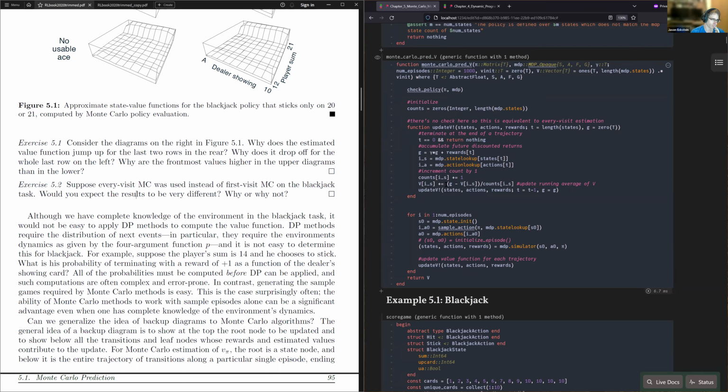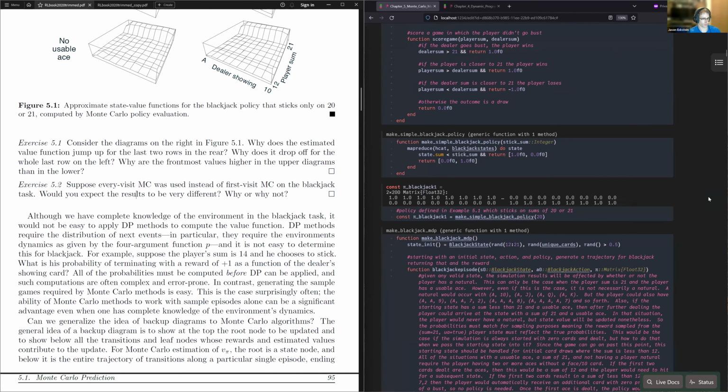I'm going through the episode and updating the value at state S every time it's encountered, as opposed to just the first time. If I'm going backwards through the episode and the state was the first state visited, and then I see it near the end, I should wait until the very end to update. The question is for blackjack, suppose we did it the way I'm doing it instead of the way the book tells you, which is first-visit Monte Carlo. Would the results be different?